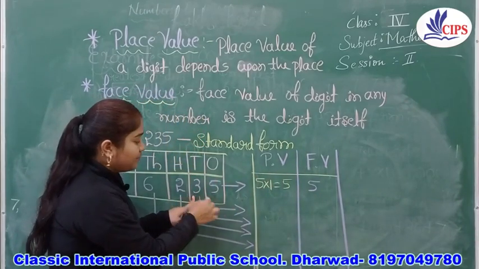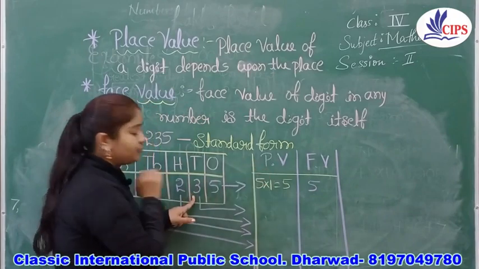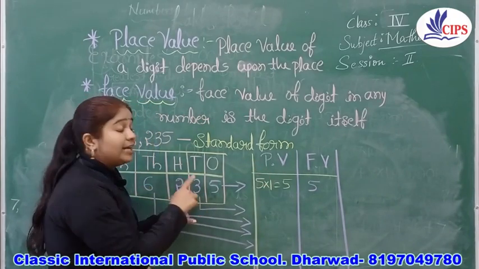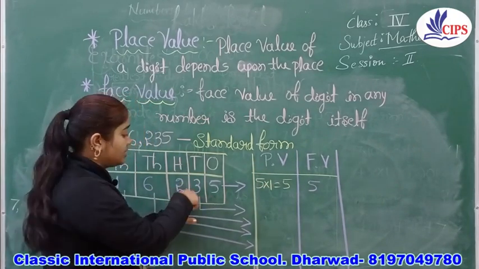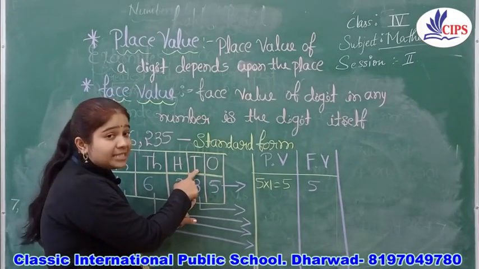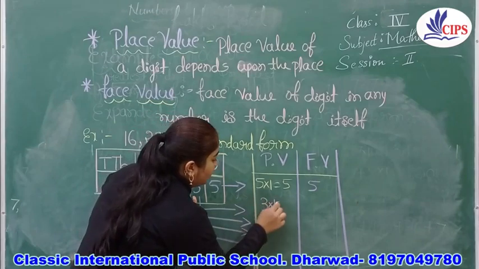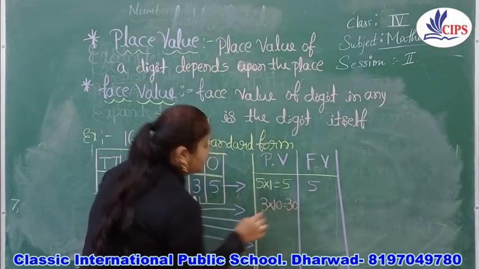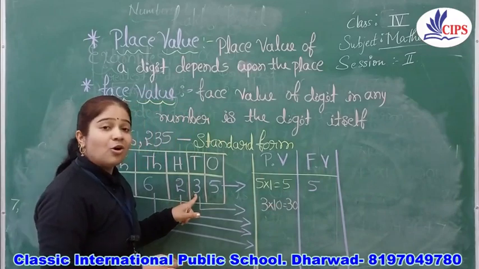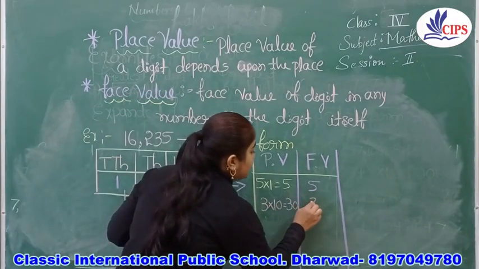Next, 3. What is the place value of 3? Look at its place. It's in the tens place, so we multiply 3 into 10 is equal to 30. And the face value of this 3 is 3 only.